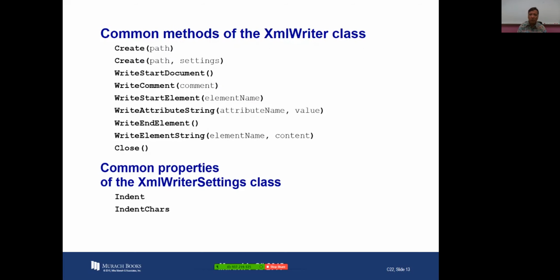So common methods of the XmlWriter class are create, path, settings, write start document, write a comment, write the beginning of an element, write an attribute string, write the end of an element, and write an element string.